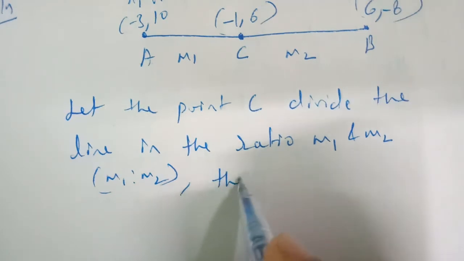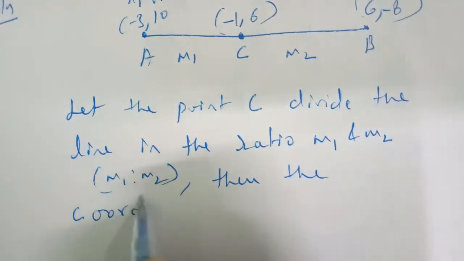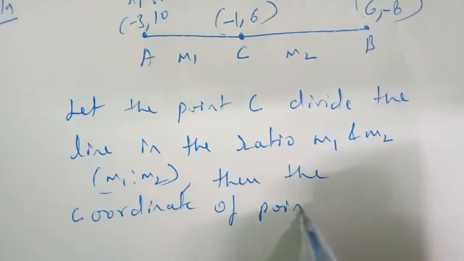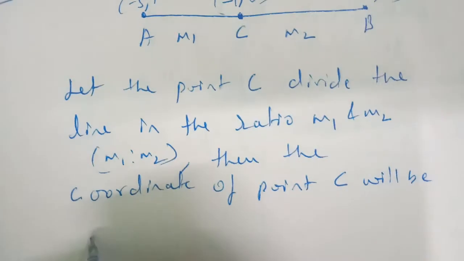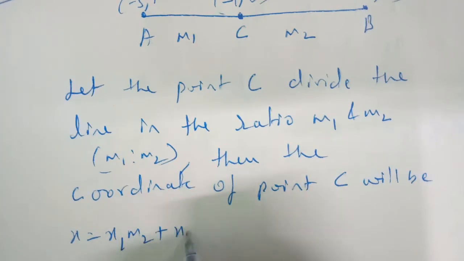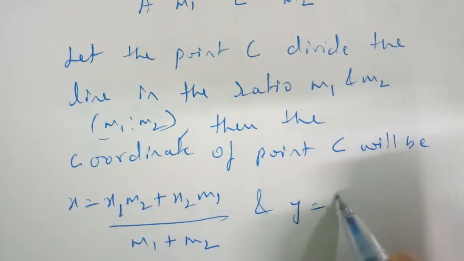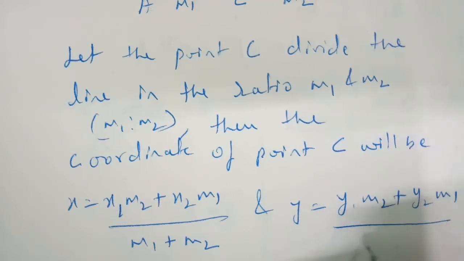Then the coordinates of point C will be given by the formula: x equals (x1 m2 plus x2 m1) divided by (m1 plus m2), and y equals (y1 m2 plus y2 m1) divided by (m1 plus m2).